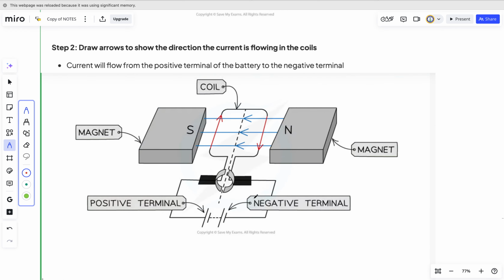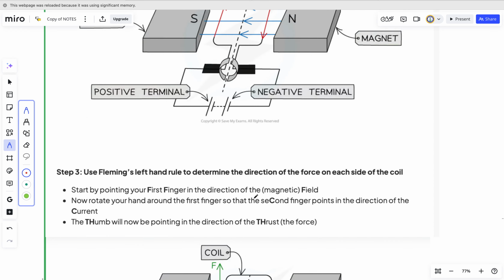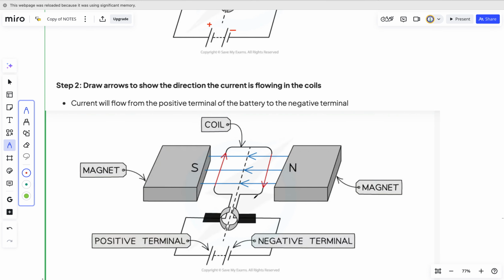Okay, so according to Fleming's left hand rule, where will the force produced be? Because we turned our hand, the force produced here will be upward. Normally it's supposed to go down, right? The force produced here will be going upward, and the force produced here will be going downward. Why?